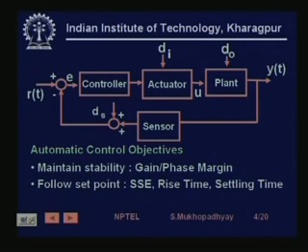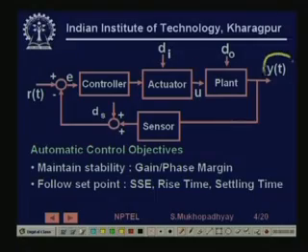The next is that we can ensure that we can hold the outputs at a certain level wherever we want to. We want the output to follow the set point. Now the set point is, as we have noted, a function of time, and this output is also a function of time.